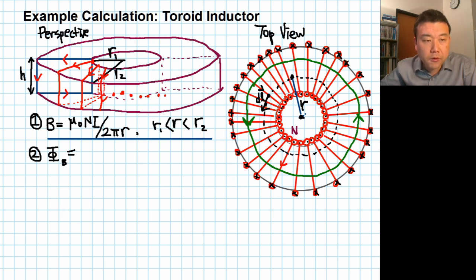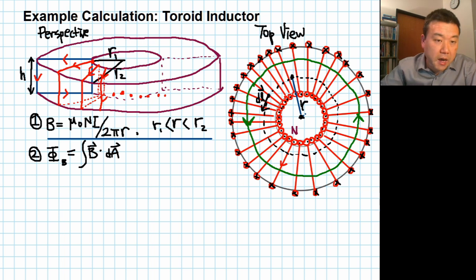We have to fall back on the integral-based definition of magnetic flux, that the small contribution to magnetic flux is the magnetic field times the area element, dA, and we have to integrate this over the surface that we are considering.